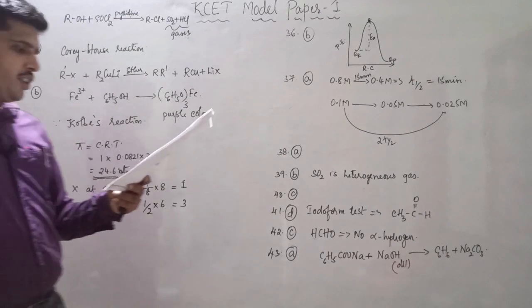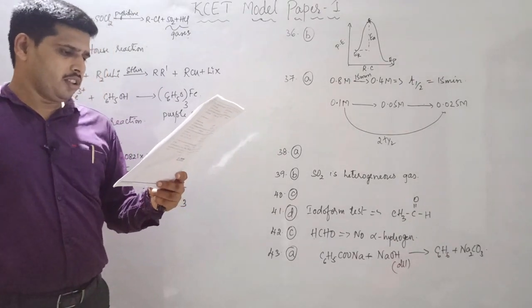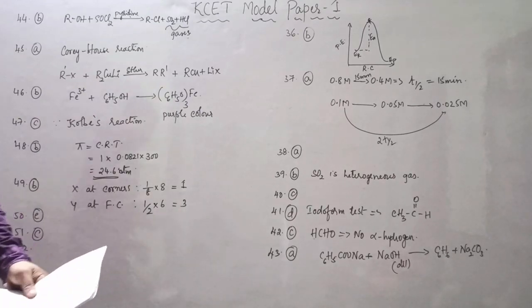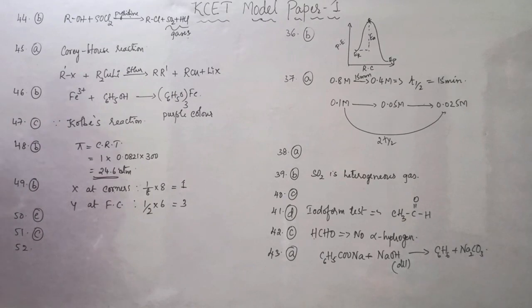52. The EMF of a galvanic cell constituting couples, that is the zinc half cell and the other half cell, which is copper. So it is your Daniell cell, a normal electrochemical cell which you come across. You know how to calculate EMF.